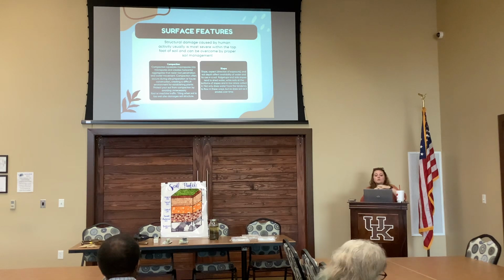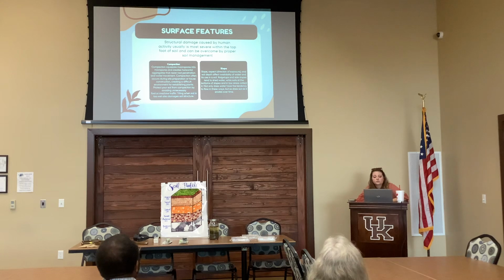So by definition, compaction starts to squeeze your macropores into micropores, creating horizontal aggregates that resist root penetration and water movement. Compaction often occurs during site preparation or house construction, creating a difficult environment for establishing plants. Protect your soil from compaction by avoiding unnecessary foot traffic and machine traffic. And tilling when soil is too wet can also damage soil structure.